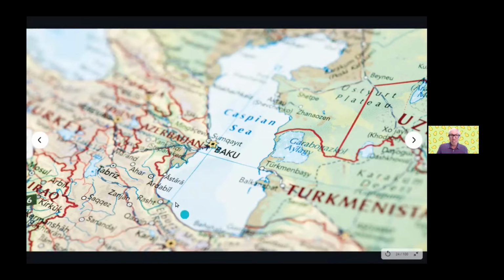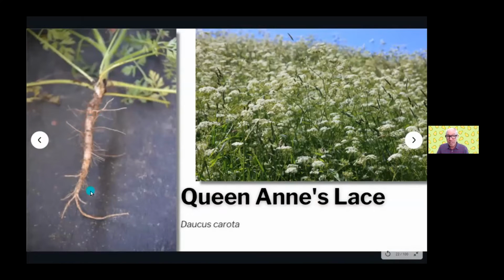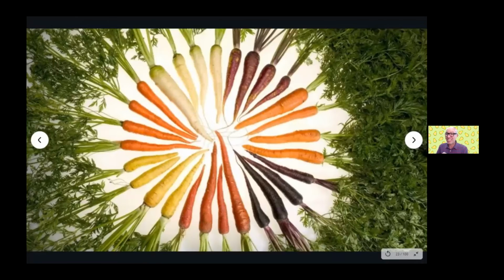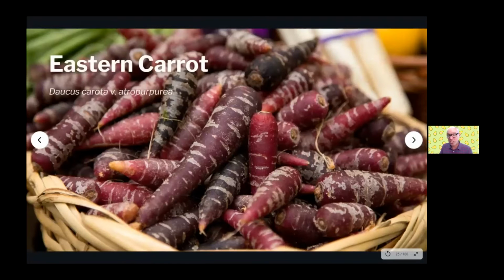Today, the Turkmenistan, Azerbaijan, Iraq, that sort of area, this is where Queen Anne's lace, this is where Daucus carota is native. And it's here where the early peoples took this that they were just subsisting on, and turned it into the carrots that we know today.